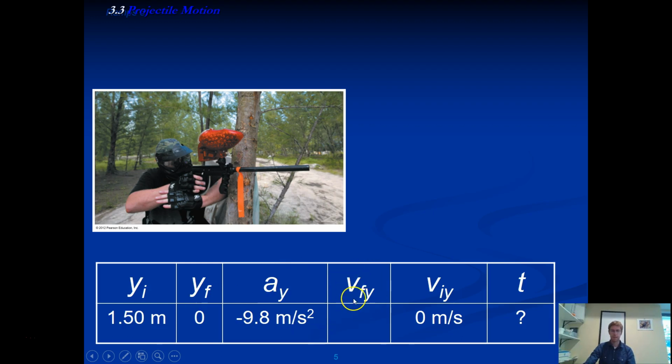We don't know how fast it's moving as it impacts the ground, but we don't care because we don't need it in that first equation I gave, or excuse me, the second equation I gave you. And the initial velocity, it's the same as if we're just dropping it because it's being shot perfectly horizontally, so it has 0 initial y velocity. It's not moving up or down at all at the beginning, and so time is the only thing we need to figure out.